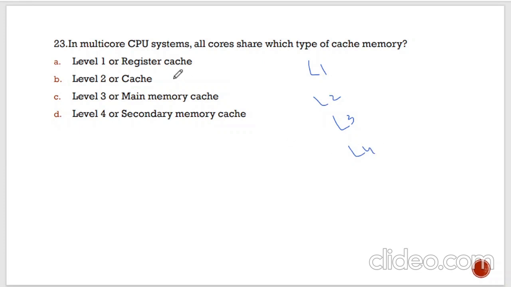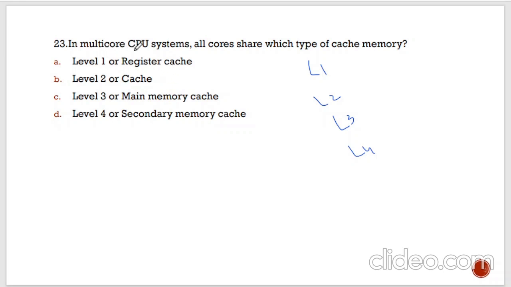Whenever the CPU needs some data, it will first access the registers, which are very small in size but very fast, then level 1 cache, level 2 cache, level 3 cache and so on.